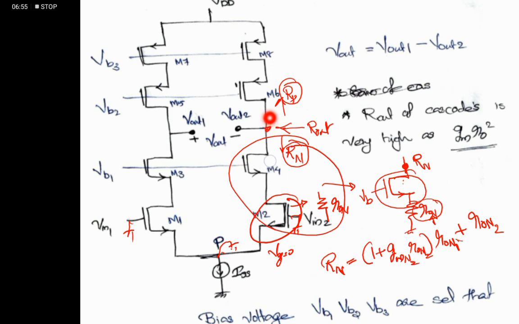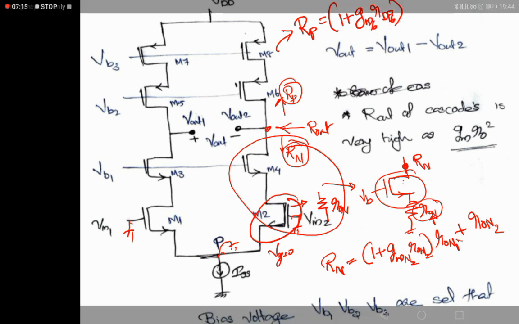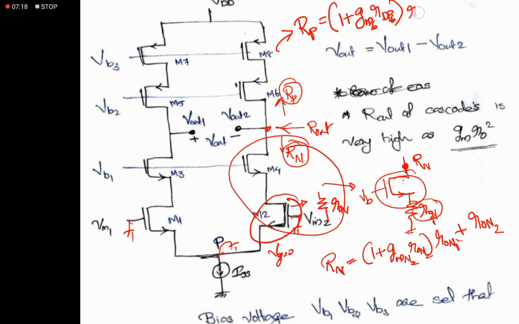Looking from the upper side, M6 is cascoded using M8. In terms of these devices, we can write Rp as one plus gm6 times R0P6, the intrinsic gain, multiplied by the reflected resistance R0P8, plus R0P6.